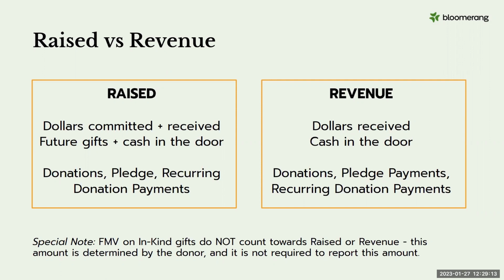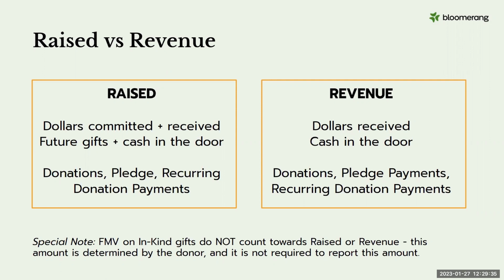The reason that we make this distinction is that it is really helpful, especially in really large efforts, such as a capital campaign, to track your pledges versus the actual pledge payments that have already come in. You have that expectation of money coming in, but what has actually been collected.